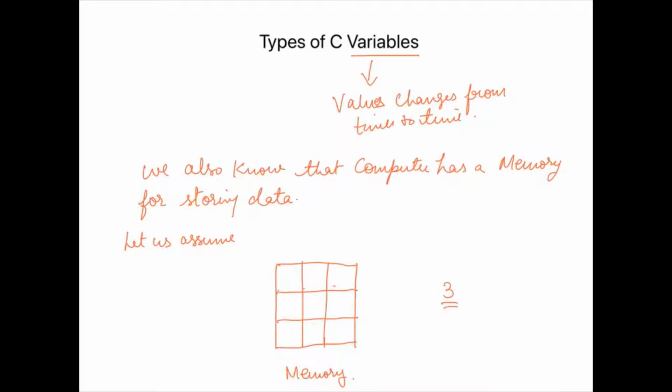So what we do, we name each location as, let's say, X, Y, Z, U, V, W, P, Q, R. Now each location has been assigned a name. Now if I want to store 3, let's say X is equal to 3. Now I know, and the computer also knows, that the constant 3 is stored at location X. So we also know that X is a variable and 3 is a constant.